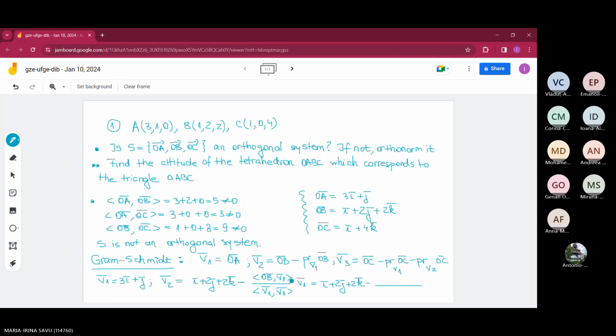Let me write that because I don't have so much space. OB and V1 means OB and OA in dot product, but you already have OA and OB in dot product computed, so this is 5 over V1 squared, which is 1 squared plus 2 squared plus 2 squared, right? So 1 plus 4 plus 4 is 9, exactly what you've told me, times V1, which is 3i plus j.